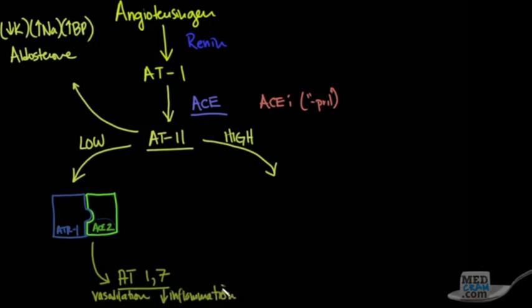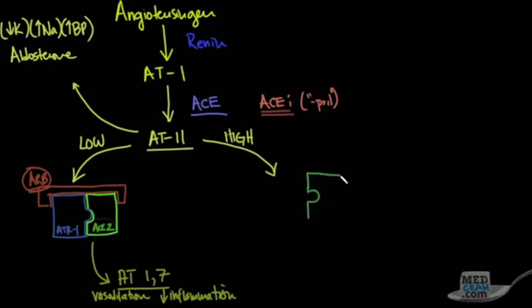That's a good thing. It's also possible that you could have an angiotensin receptor blocker that would block this, and that is an ARB. So we've talked about angiotensin receptor blockers, and we've talked about ACE inhibitors. If you have high angiotensin 2, this is the situation that you get.